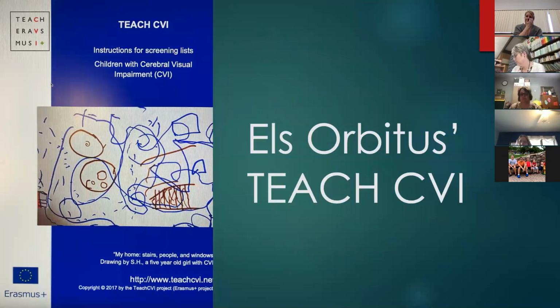Okay, another screening tool is by Els, that's her name, Els Ortibus. It's a female, her first name is Els. And it's called Teach CVI, okay? And this is a collaboration, almost like a project. They call it the Aramus Project. And here you can see that it's www.teachcvi.net.